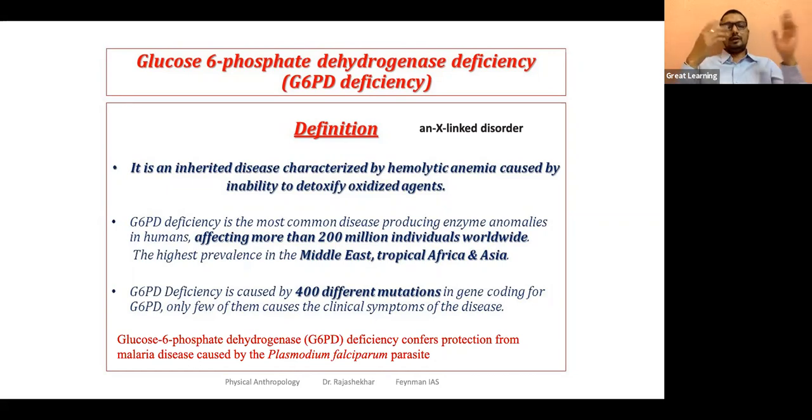Severity changes based on what mutation it is, okay? So 400 different mutations can lead to different forms or different extents of G6PD deficiency.